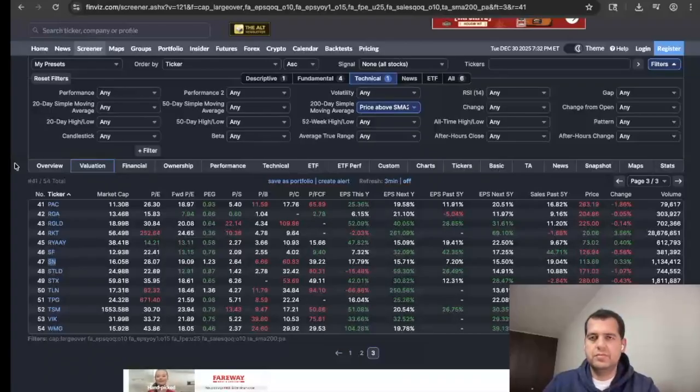So using this FinViz software, you can actually find stocks that are cheaper based upon the valuation. They are attractive in terms of growth and future expectations, and they are bouncing from a recent sell-off, or they are above the 200-day moving average. But you can also use these tools to identify breakouts, or higher highs, or different types of price levels.